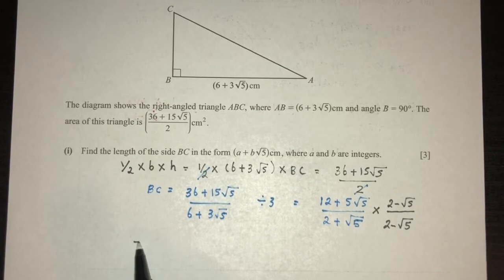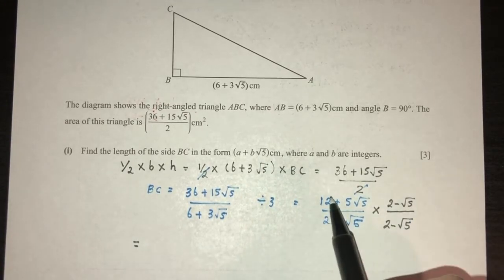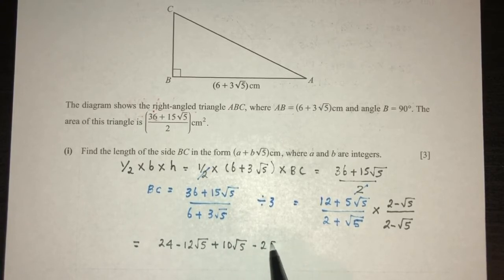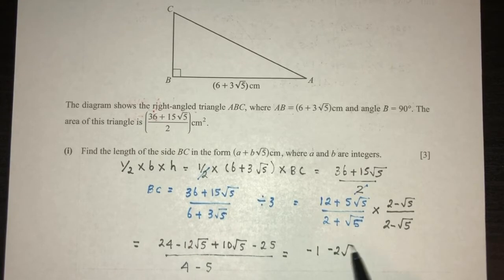First, 12 times this will become 24 minus 12 root 5, and this times this will become plus 10 root 5 minus 25, and the base will be 4 minus 5. So 24 minus 25 is minus 1, minus 12 plus 10 is minus 2 root 5, divided by minus 1, that will become 1 plus 2 root 5.